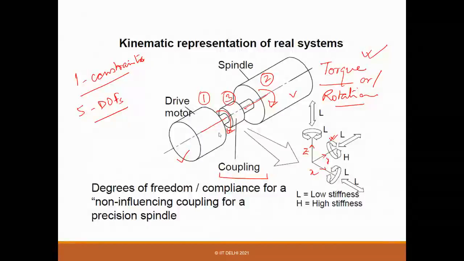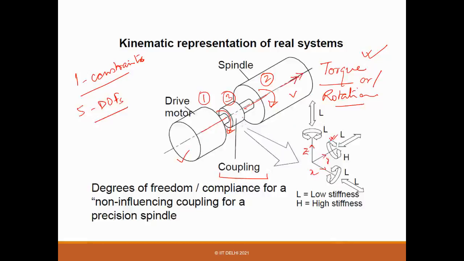So what you want is that even if there is any offset or misalignment, it should readjust, but the coupling should provide one constraint, which is about this direction: the rotation about this direction is completely constrained. That's the requirement. So 5 DOF means if there is a little offset in the X direction, it should flex, it should comply.